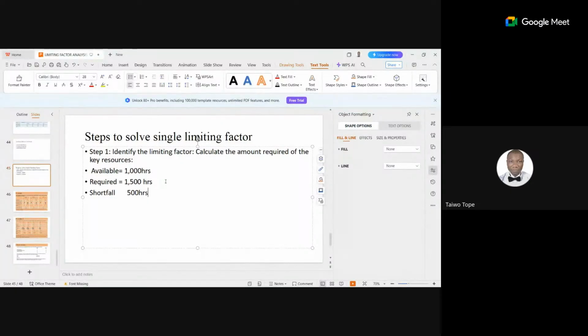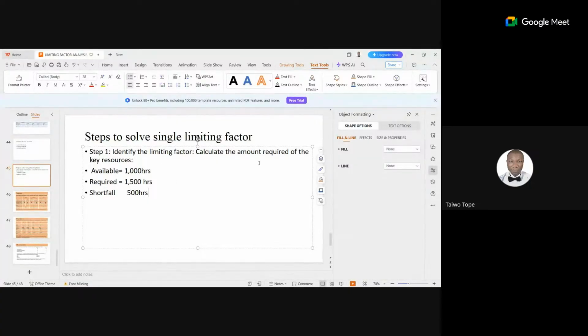If it is material, the maximum material available for use by an organization, then based on the demand that you need to meet, you will check for product A, how many units of material X do I need to produce 1 unit of product B, how many units of material Y do I need to produce 1 unit of product A? So first step, identify the limiting factor.